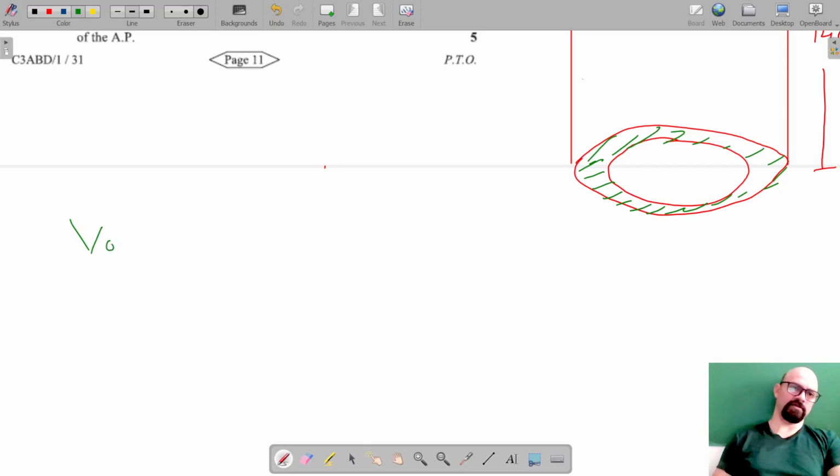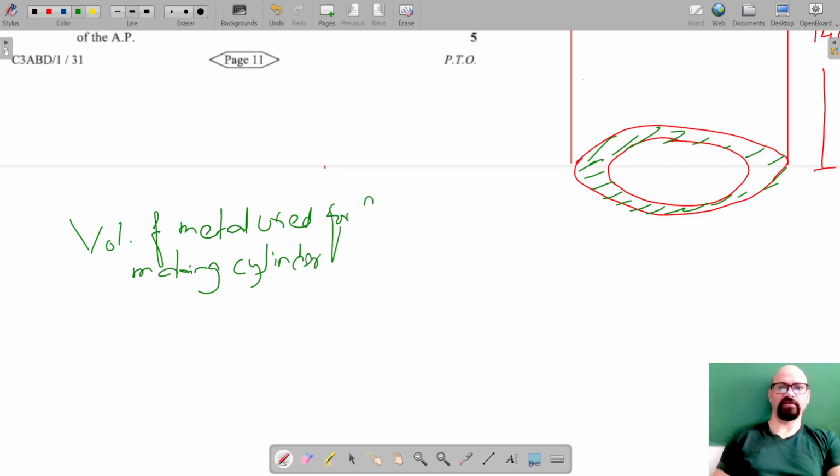So volume of metal used for making the cylinder is equal to the volume of the outer cylinder, which is pi r1 square h, minus the volume of the inner cylinder, which is pi r2 square h.